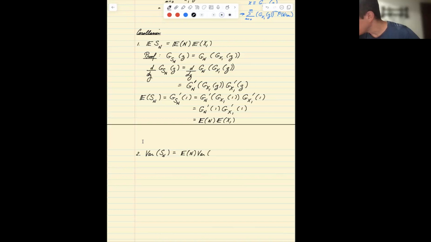It's the expectation of N times the variance of X, plus the variance of N times the expectation of X squared. Okay, so I will leave that as an exercise to make sure that we're fully comfortable with how we work with generating functions to figure this out.